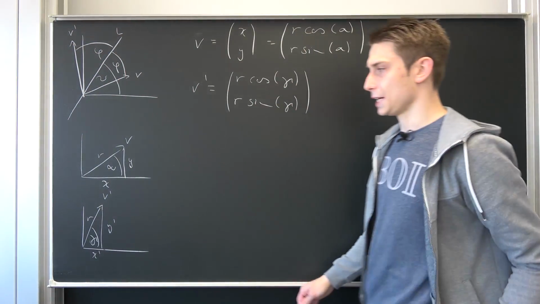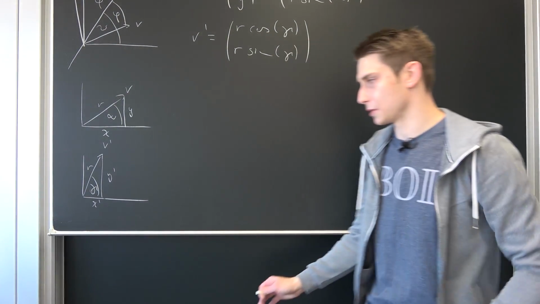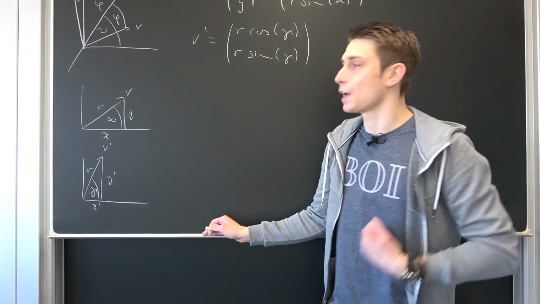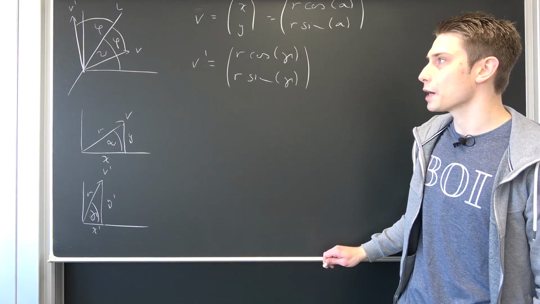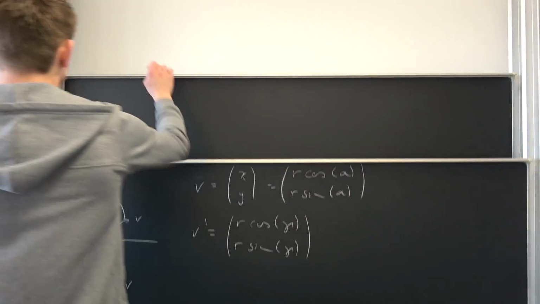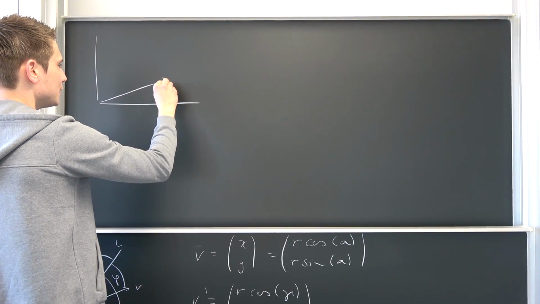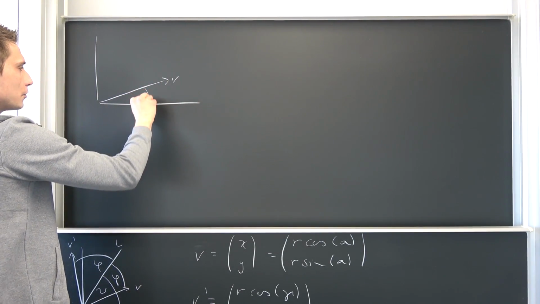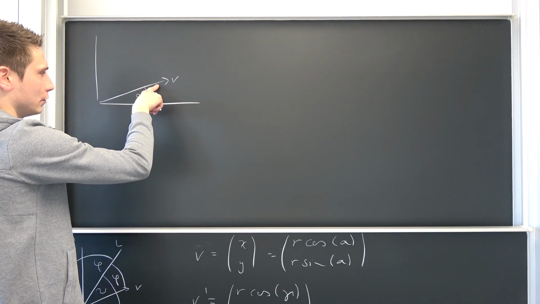Now we have to do some playing around with the angles. That's the only difficult part, you could say. I for myself like to mix up stuff and then not arrive at what I actually want to arrive at, but we are still going to give it a shot. Once again, we have a coordinate system right here. We have a vector v with an angle alpha enclosed between the x-axis and our vector.